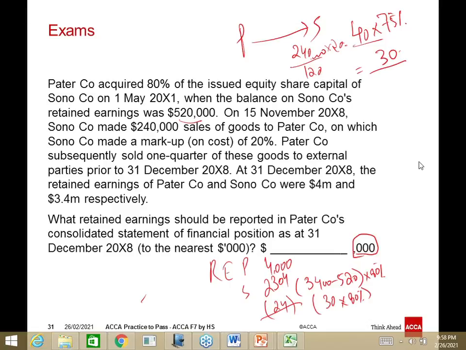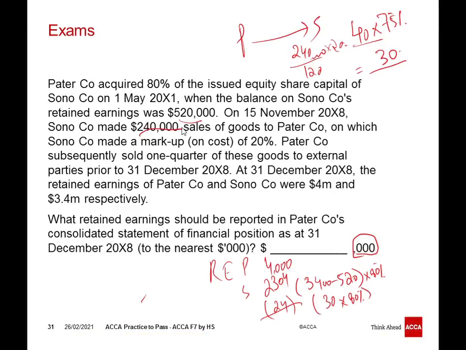How do we get 24? 240 is the value of the sales, in which the markup is 20%. So I take 20 upon 120, we got the value of 40. As 1/4 of the stock, meaning 25% of the stock, was sold outside the group, only 75% of the stock remains.